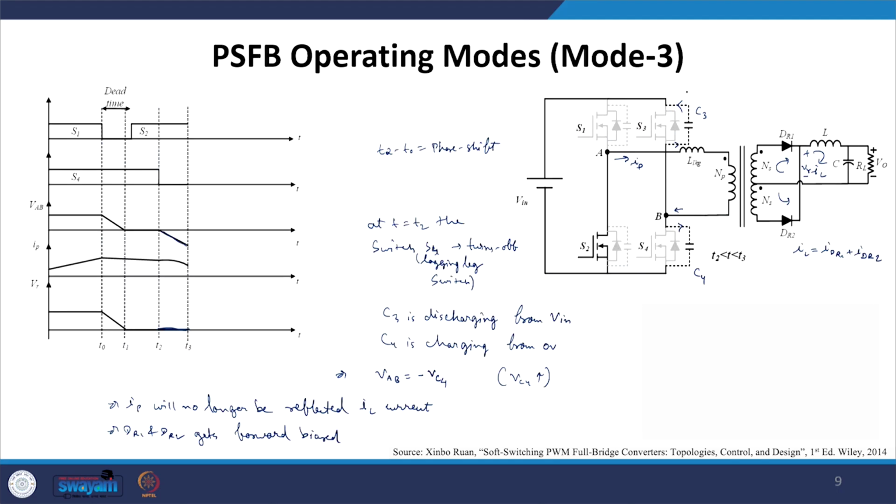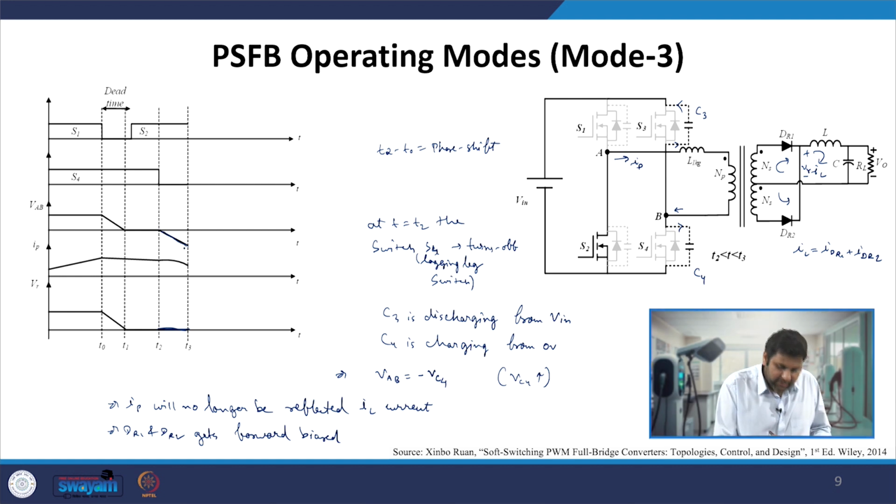So in mode 3, in spite of VAB increasing in the reverse direction, VR is still 0, because in order to ensure the inductor current keeps flowing, both DR1 and DR2 get forward biased.